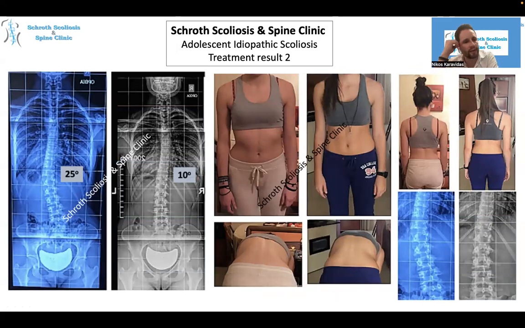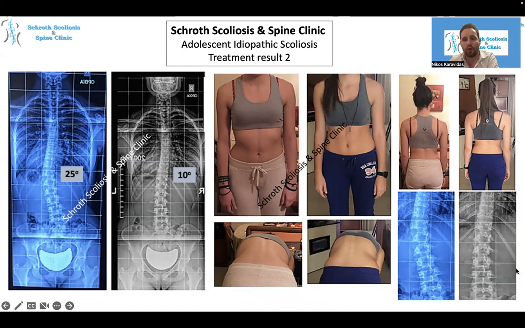Another treatment result for a patient exactly at the borderline to be braced with 25 degrees of scoliosis and very significant pelvic asymmetry and trunk rotation. And in this patient, almost 1 year later, we managed to reduce from 25 to 10 degrees, doing only exercises, no brace.